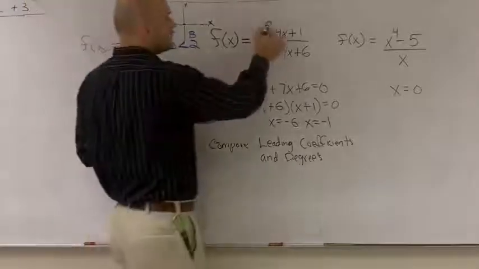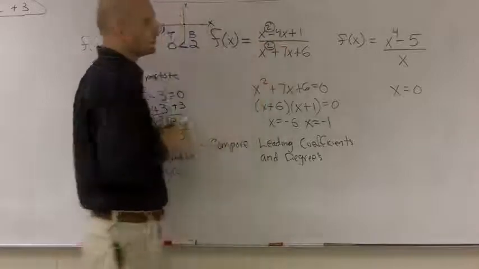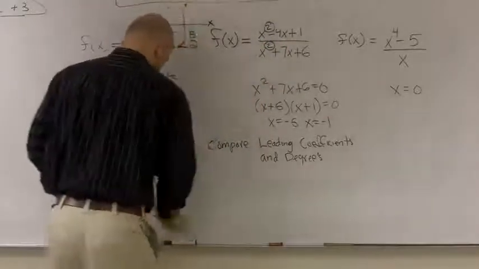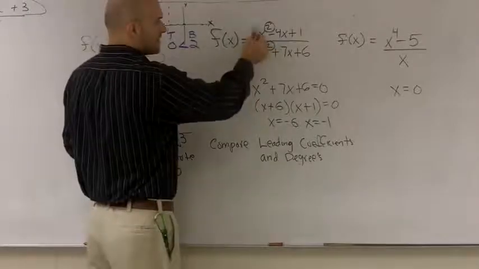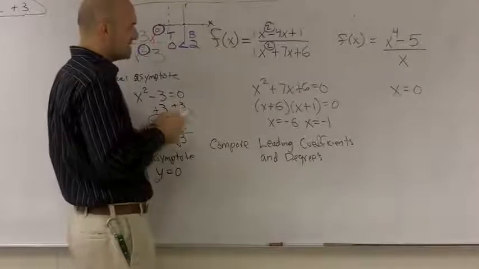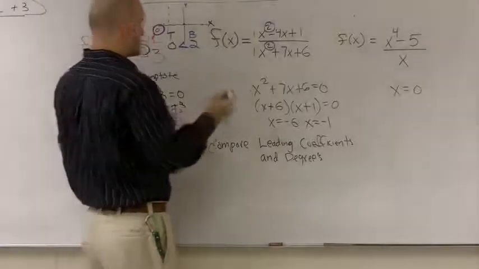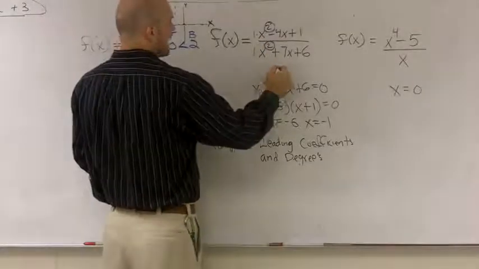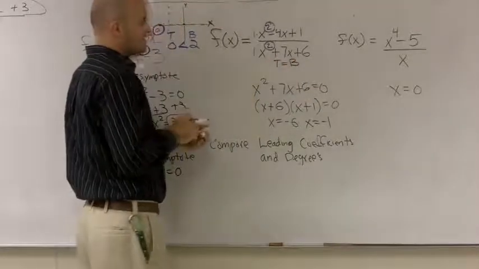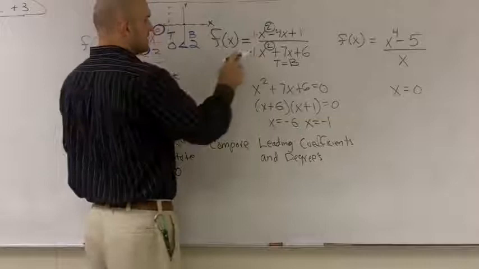Now, when the degrees are equal, what you do is take the number in front, and there's no number in front here, so we write 1. You take the numbers in front and you divide them. Whenever the top is equal to the bottom, we take our coefficients and we divide them.